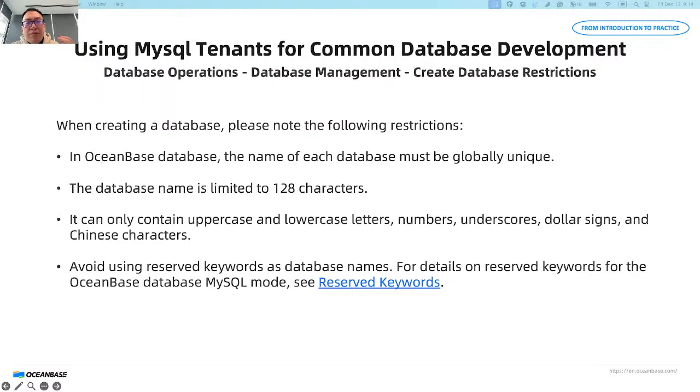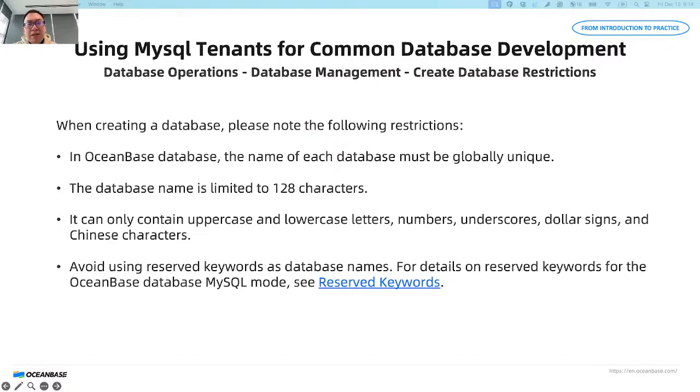When creating a database, please note the following restrictions. The first one, in OceanBase database, the name of each database must be globally unique. And next, the database name is limited to 128 characters.